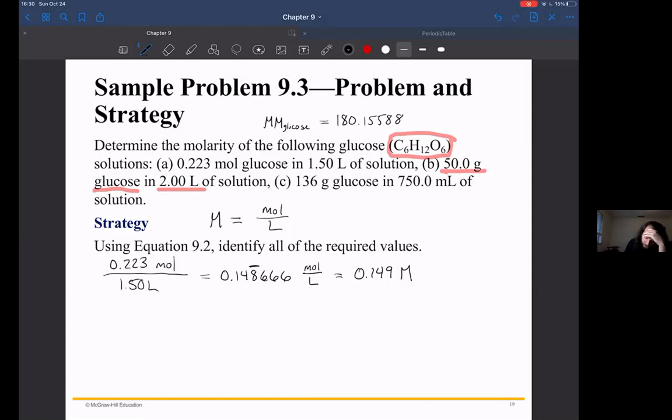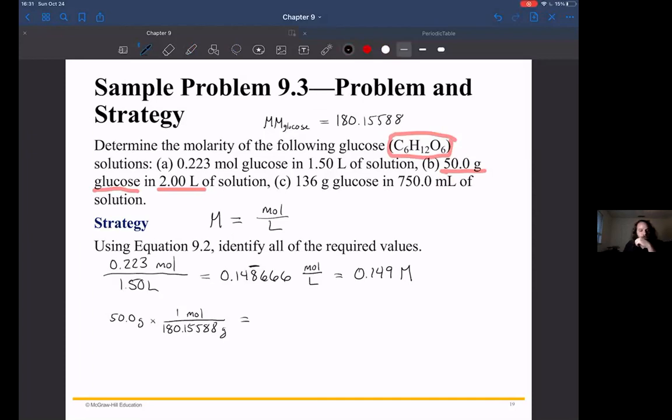So if I have 50.0 grams, I'm going to convert that to moles by dividing by the molar mass of glucose. So 180.15588 grams is equal to 1 mole. That calculation will give me my moles of glucose.